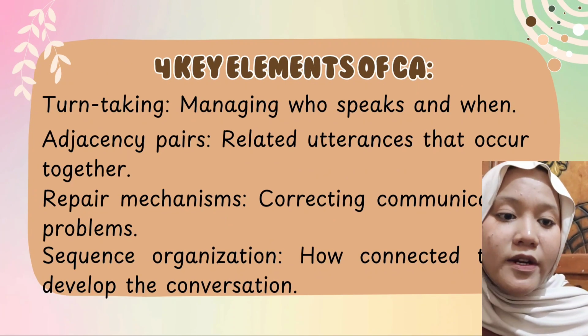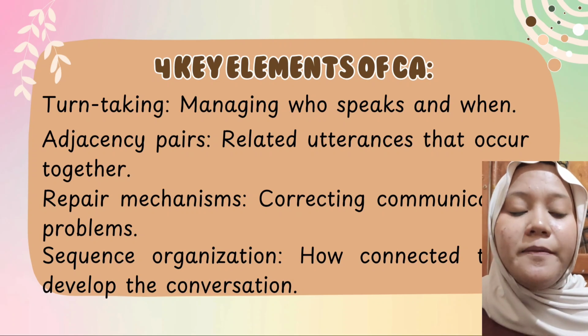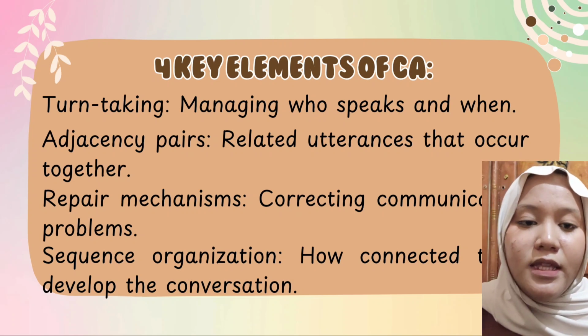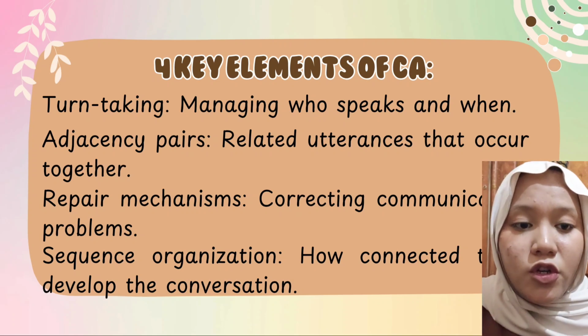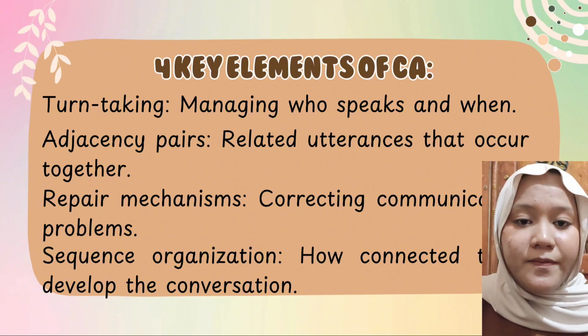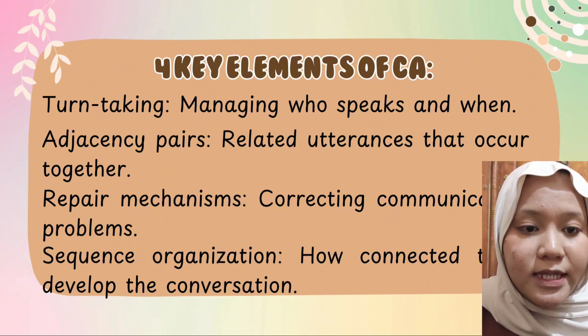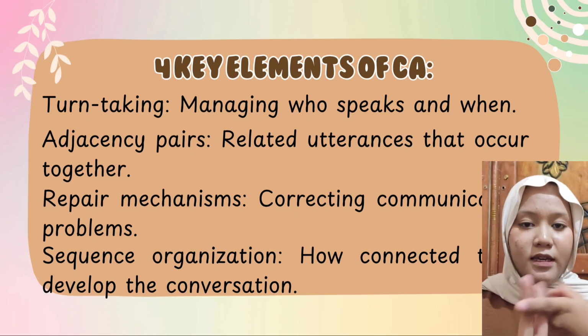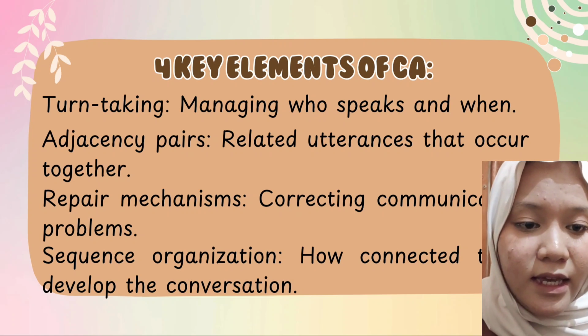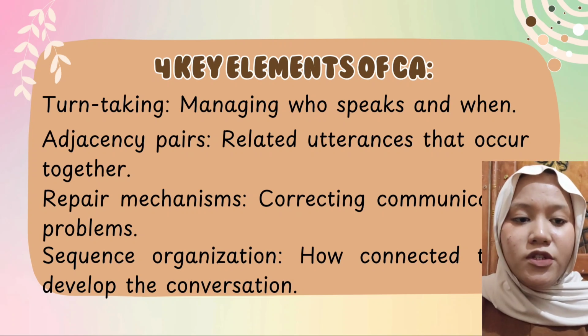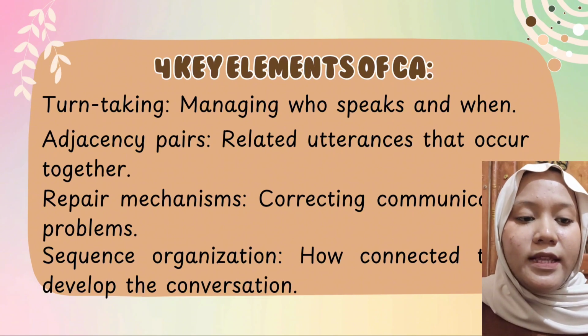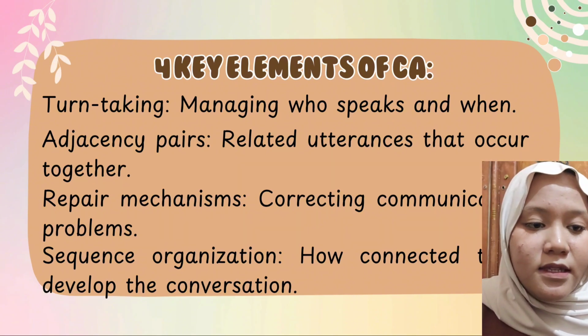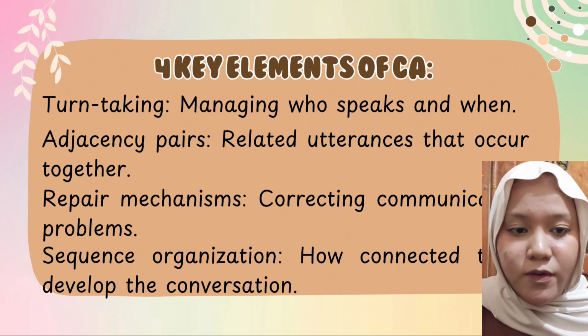Next, there are four key elements of CA. The first one is turn taking, which is managing who speaks and when. The second one is adjacency pairs, which relate utterances that occur together.